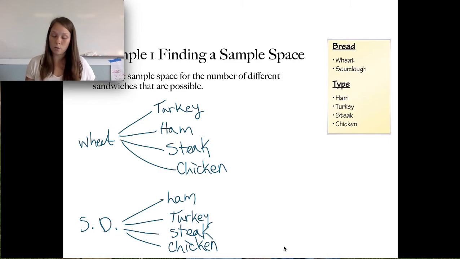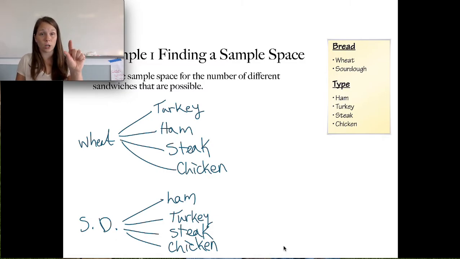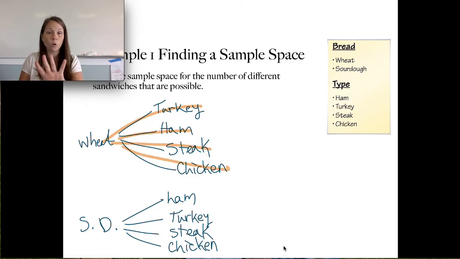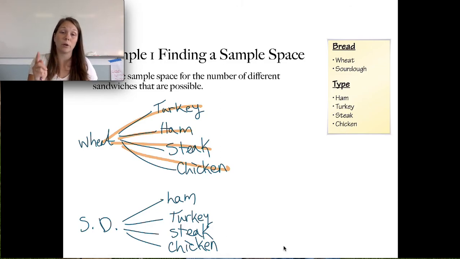So now we can look at all of our potential outcomes. Well, we have the outcome of wheat and turkey. We have wheat and ham, wheat and steak, and wheat and chicken. So there's 4 options there with the wheat bread. We also have 4 options with the sourdough bread, because you could do sourdough ham, sourdough turkey, sourdough steak, and sourdough with chicken.